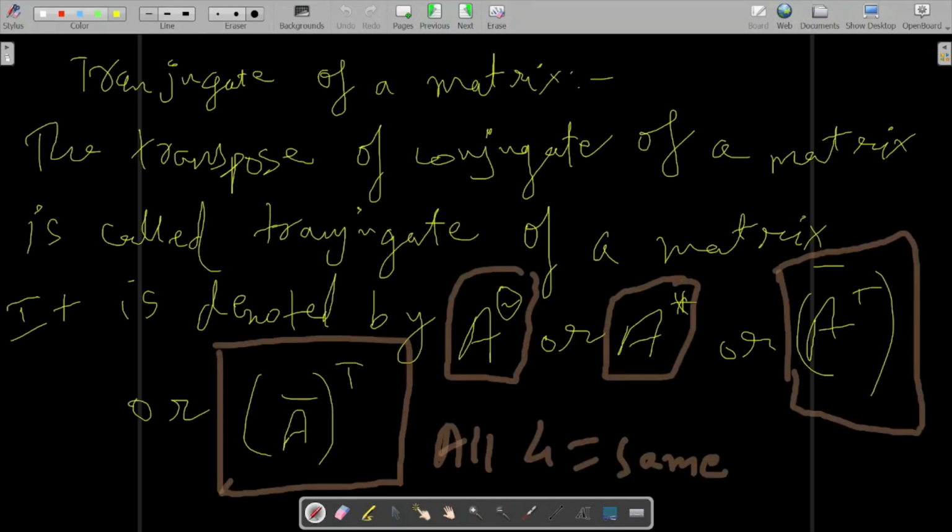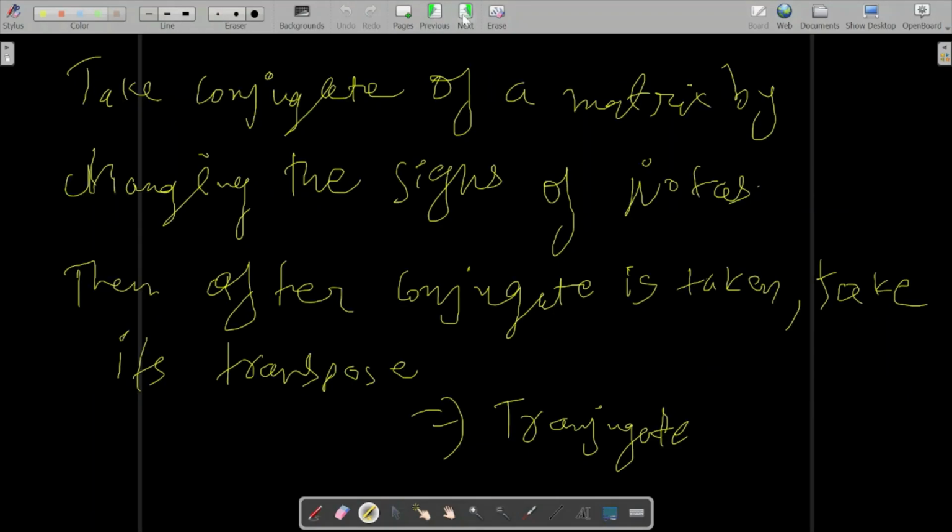So, properties of the conjugate of a matrix. Over here we are going to use this particular notation, A theta, in our classes, because in 90% of the textbooks A theta is given. The other representations are not much used.